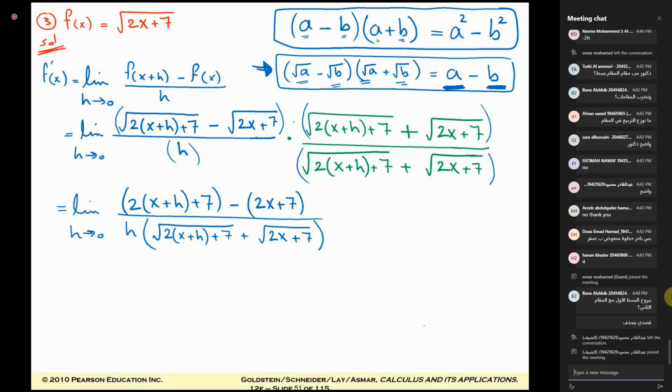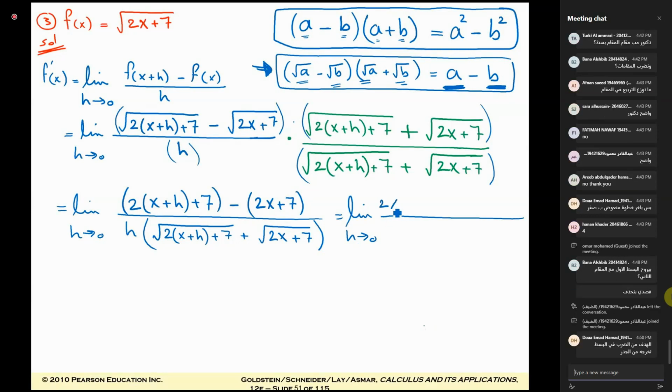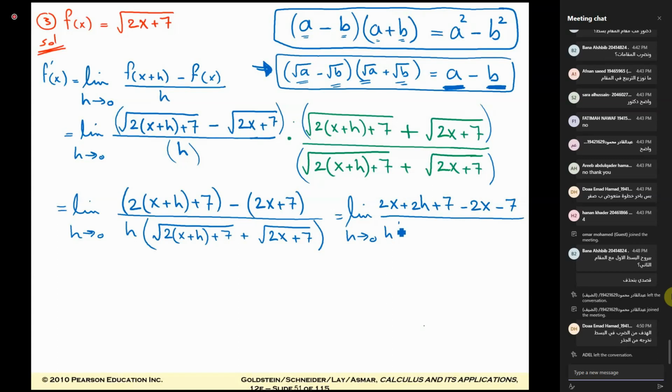Now more simplify. This equals limit h goes to 0 of 2x plus 2h plus 7 minus 2x minus 7 over h times radical 2x plus h plus 7 plus radical 2x plus 7.